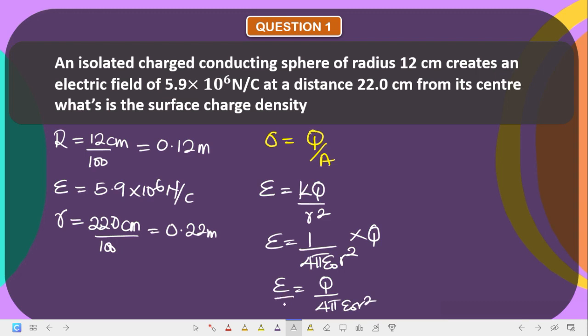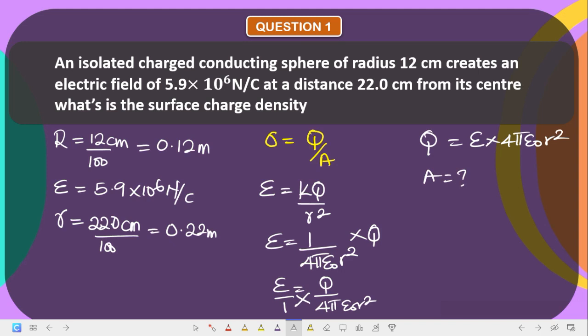Now if we make Q the subject of the formula, we can cross multiply from here. Cross multiplying, what do you think we are going to have? We are going to have Q is equal to E times 4 pi epsilon 0 r squared. So in place of Q, we can put this. We also have A in the question, but the value of A was not given.